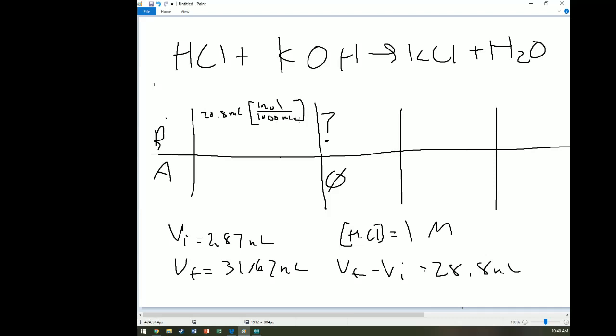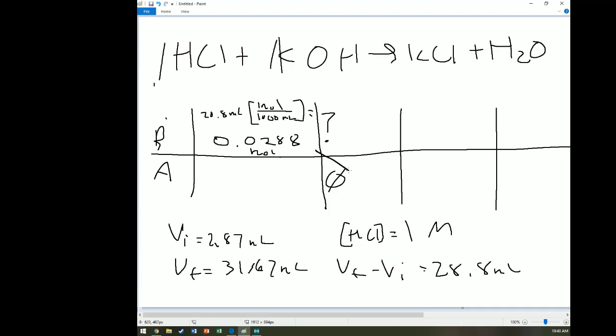So if I divide this by 1,000, I get 0.0288 moles of hydrochloric acid.